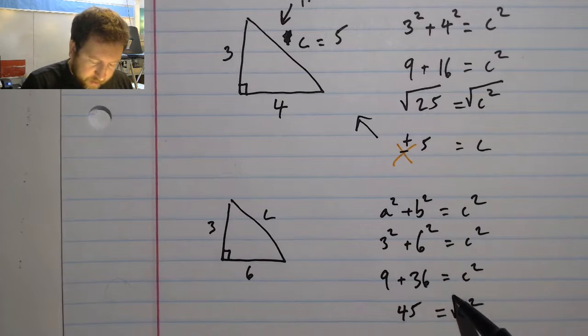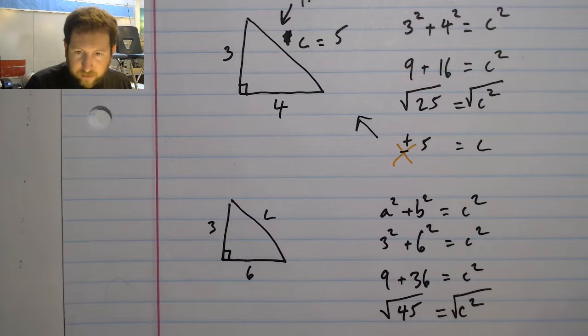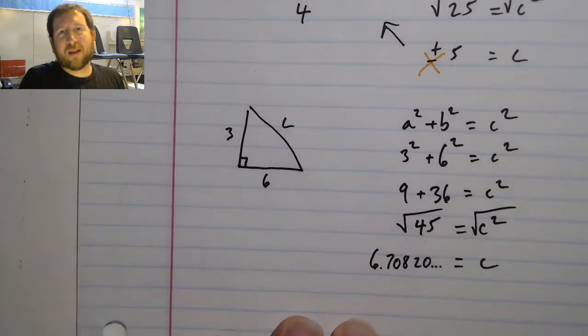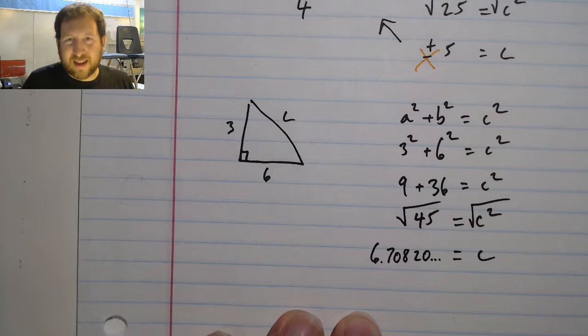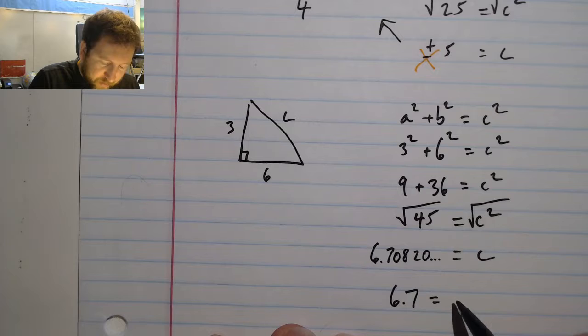Now, to undo it, I'm going to take the root of both sides, and I get c, and the square root of 45 is about 6.70820, goes on forever. But because this is my geometry, I can go to tenths, and that's just fine. So I can say that 6.7 equals c.